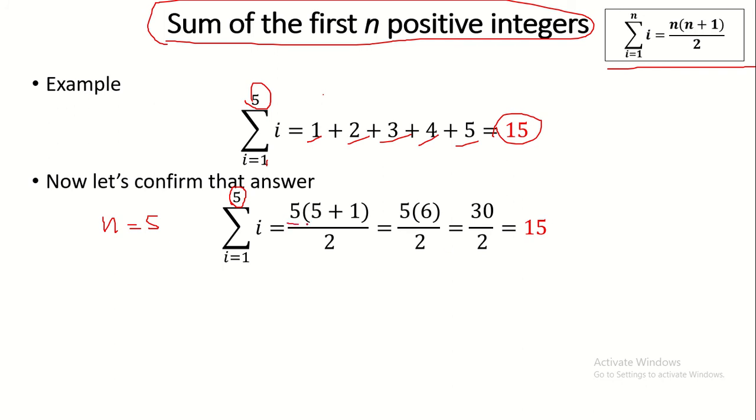So we have 5 times the quantity 5 plus 1, divided by 2. Simplifying, 5 plus 1 is 6. So 5 times 6 is 30, divided by 2 is equal to 15. So you can see that the answer is the same.